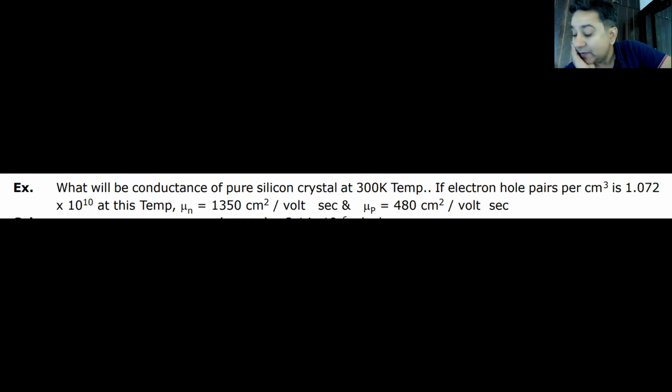The question is, what will be the conductance of pure silicon crystal at 300 Kelvin? Electron hole pairs per centimeter cubed is 1.072 into 10 raised to the power 10. Mobility of electron and mobility of hole.